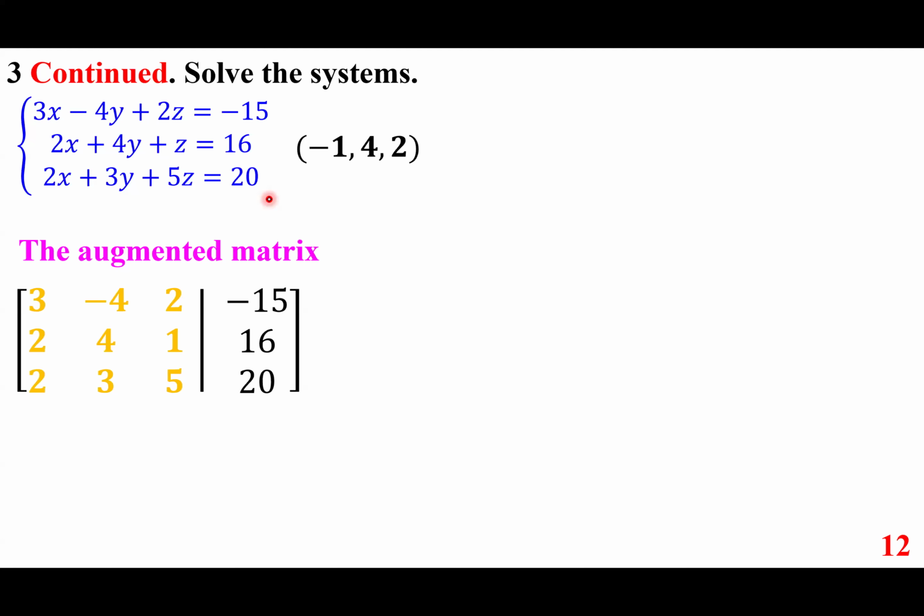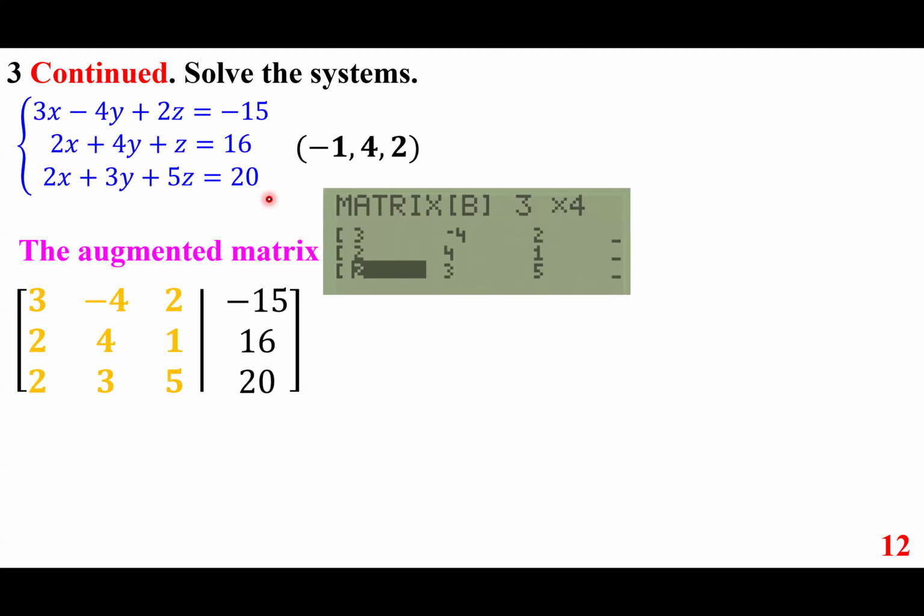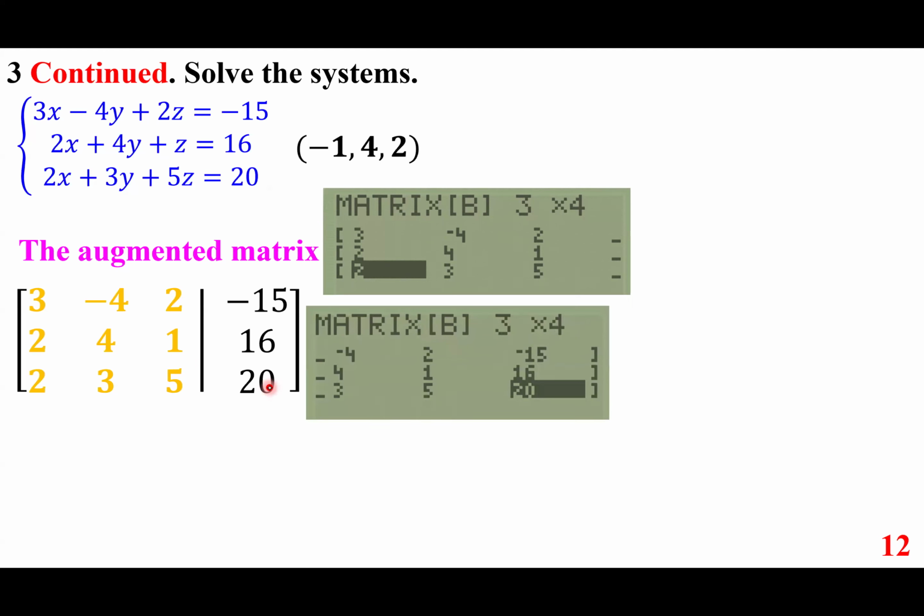So I'm going to show you how to put that into a calculator again. So you put the matrix 3 by 4, 3 rows, 4 columns. And the reason I'm showing both is because it has only 3 columns. I wanted to show you the 4th column.